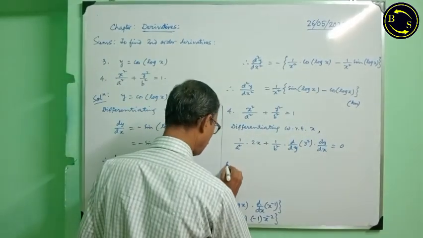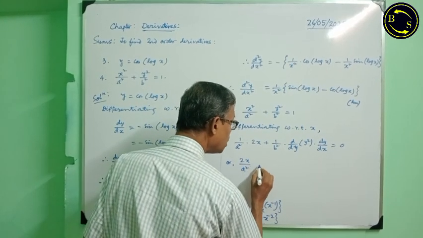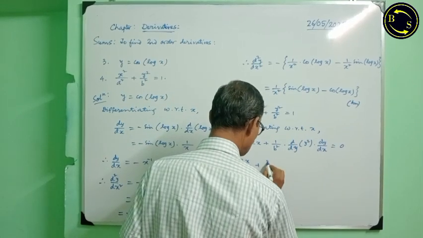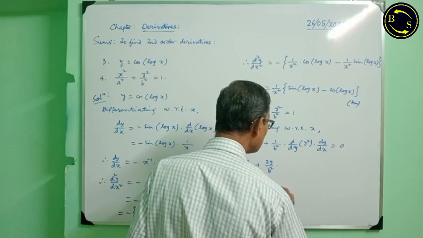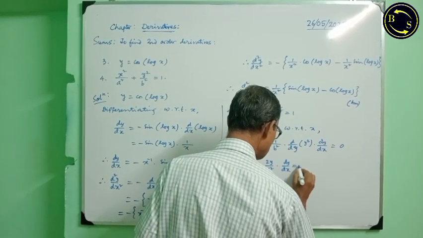Or 2x/a square plus 2y/b square dy/dx is equal to 0.